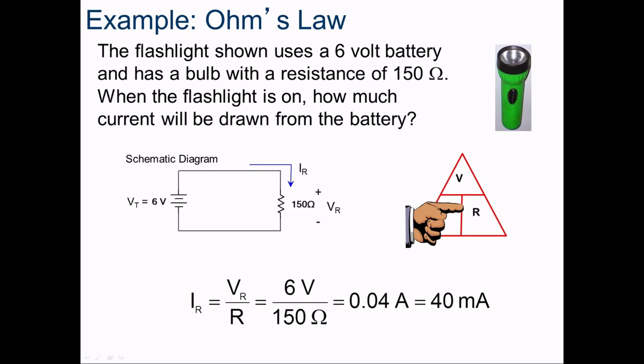And then there's one other one we need to know. 1 ohm is equal to 0.001 kiloohms. Kiloohms is written with a lowercase k and then the ohm symbol.